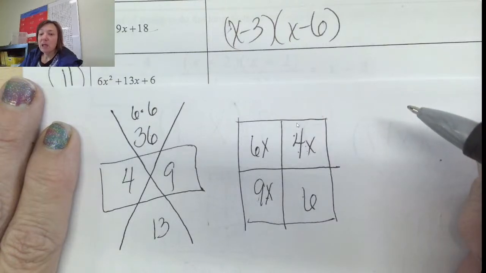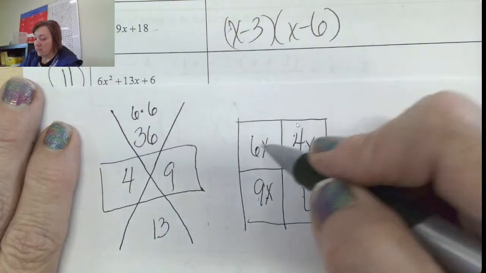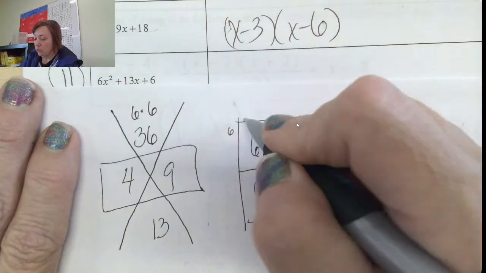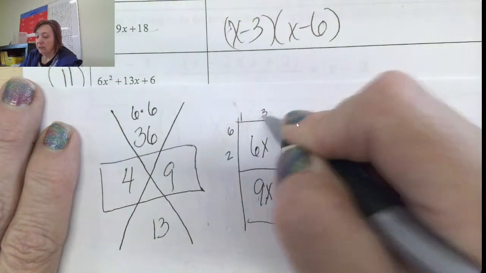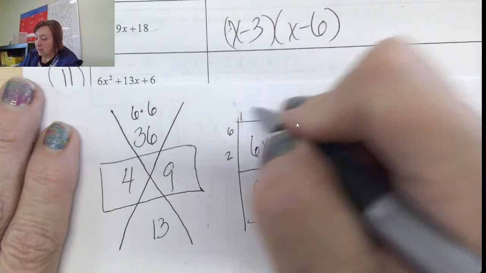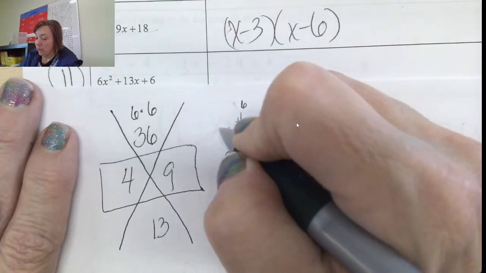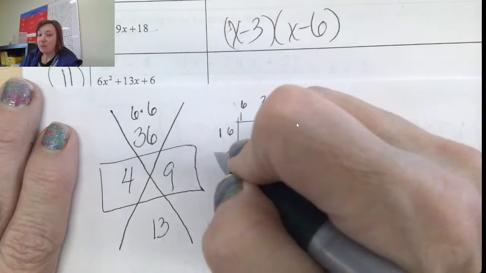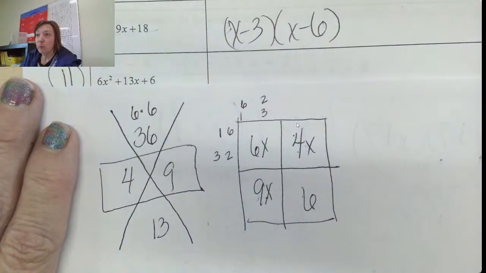Okay, so this could be 6 and 1 or 2 and 3, right? Or it could be 6 here and 1 here, or it could be 2 here and 3 here. And that's an important thing to think about.